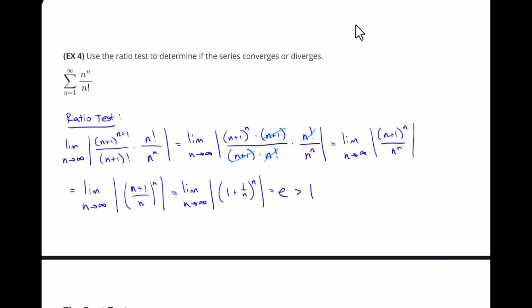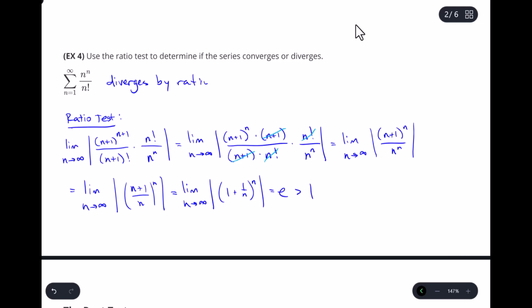And that tells me that this series diverges. And it diverges because the numerator is actually growing a whole lot faster than the denominator. So a function like n to the n grows faster even than the factorial.